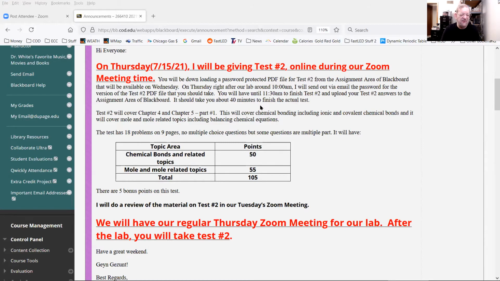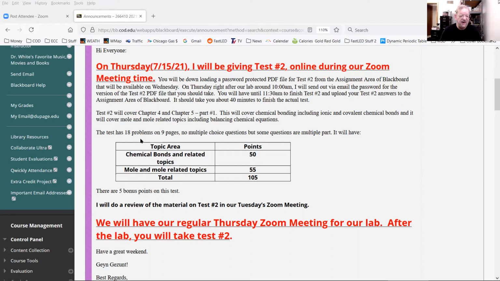Test number 2 will cover chapter 4 and chapter 5, part 1. This covers chemical bonding, including ionic and covalent chemical bonds, and it will cover moles and mole-related things, including balancing chemical equations.